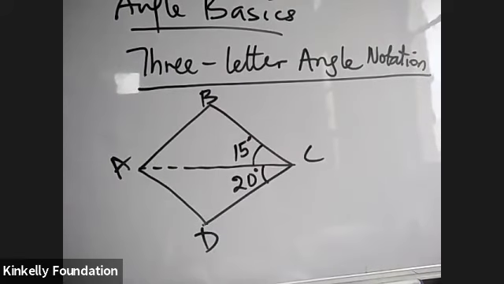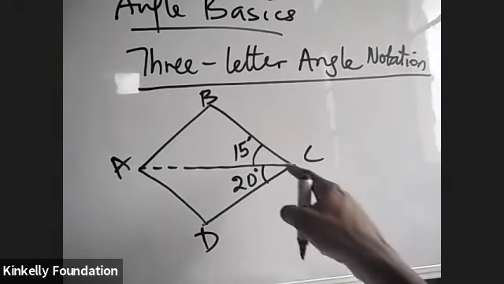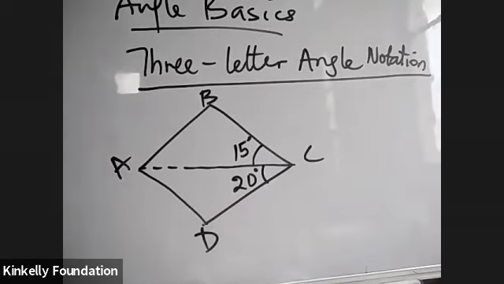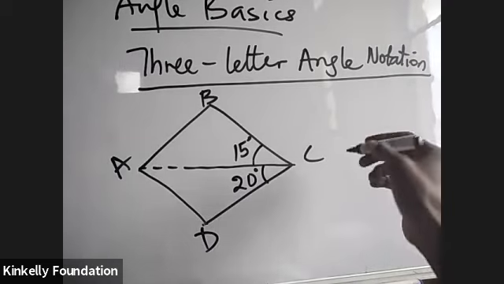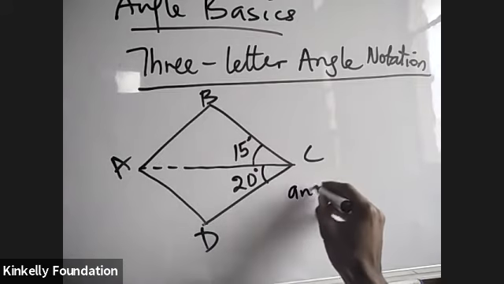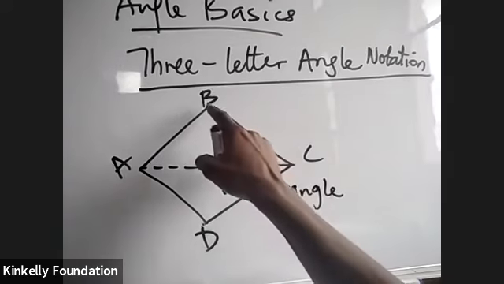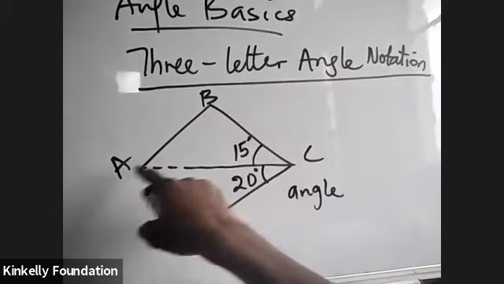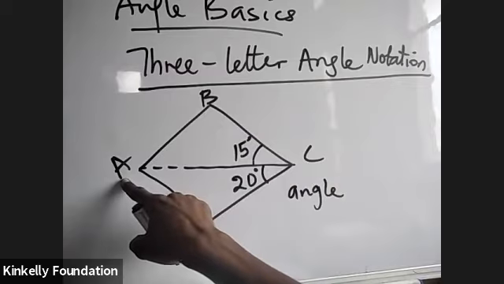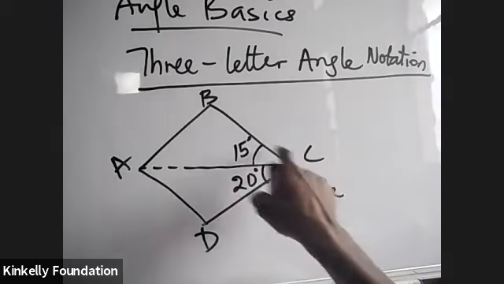To call this angle, you can pronounce it using the three letters. In this particular point, this angle can be called angle BCA, or you say ACB.